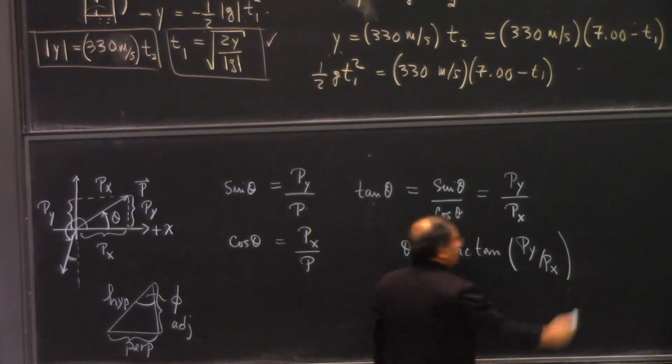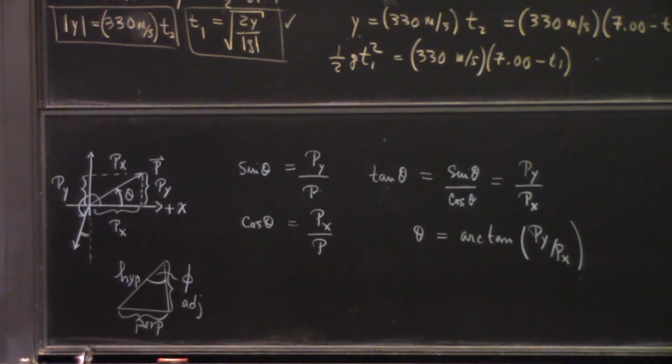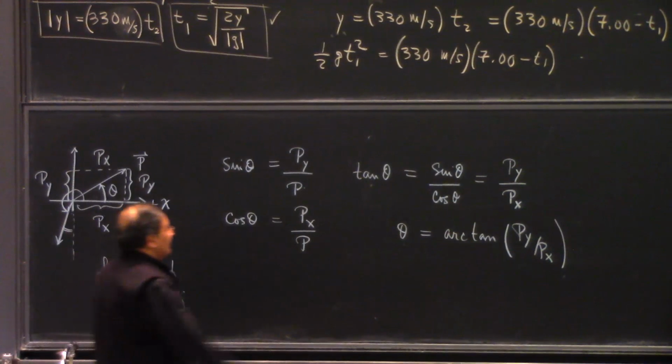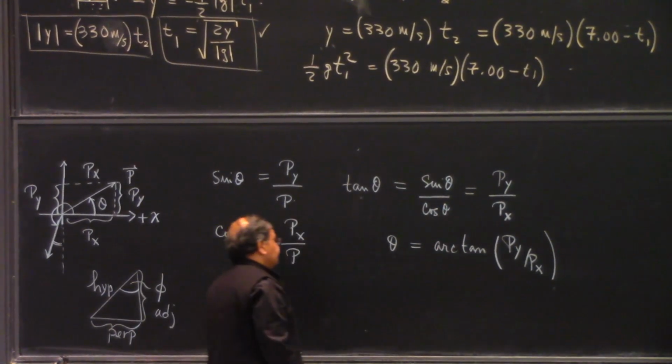Mind you, py over px is a pure number. It's a ratio of two lengths, whatever the units are. Sine of theta is a ratio, cosine of theta is a ratio.